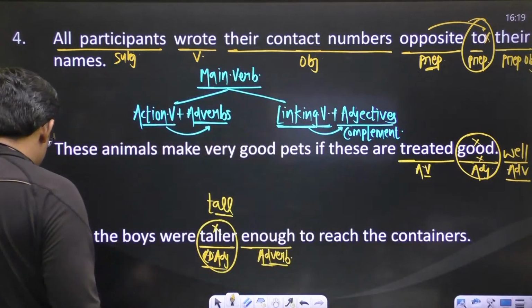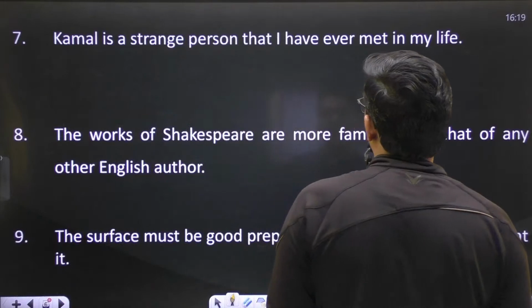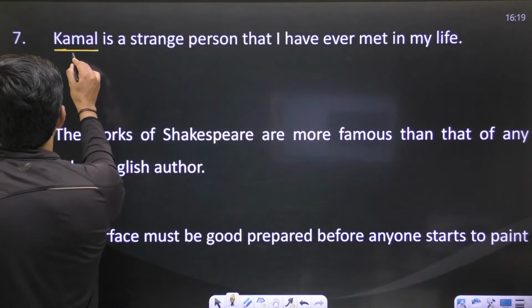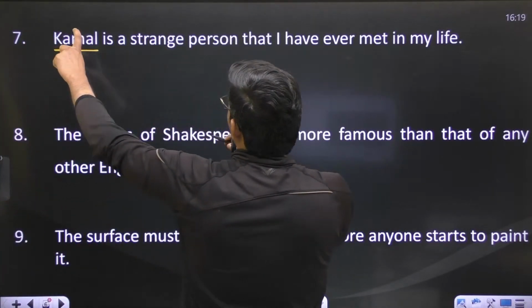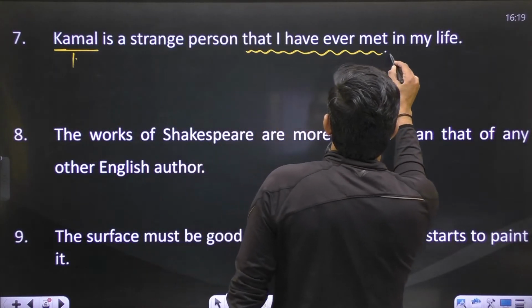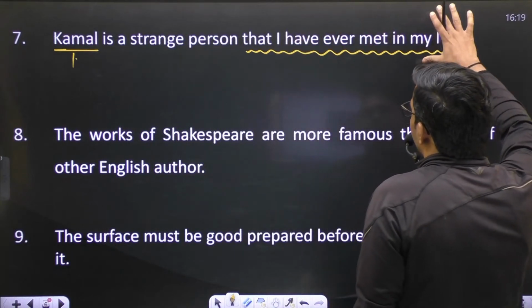Okay, let us move to the next sentence. Kamal is a strange person that I have ever met. Here in this sentence, we have a person named Kamal. The comparison of Kamal is with all that I have ever met in my life.